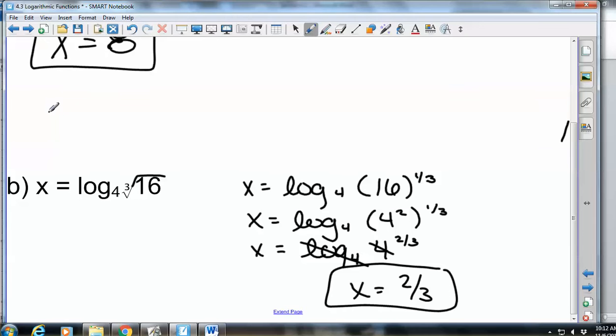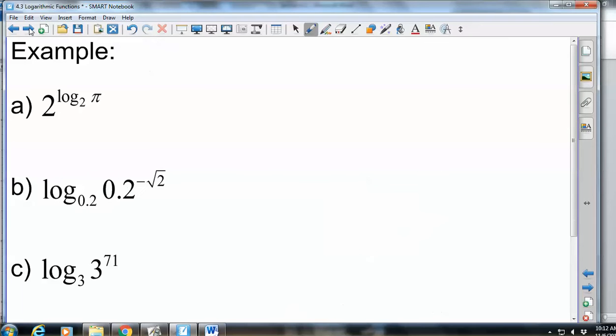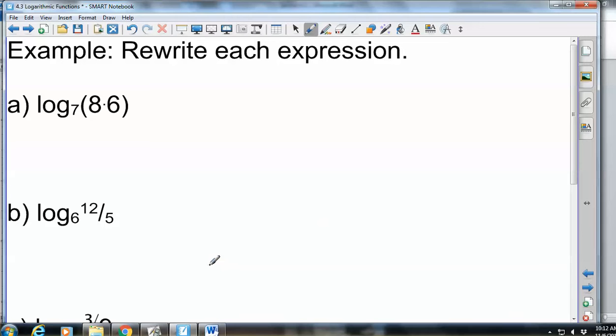Last problem of the day. I just want to practice using those properties to rewrite some expressions, and this is where we will pick up tomorrow. So if I ask you to use the properties of logs here, how would you rewrite log base 7 of 8 times 6?